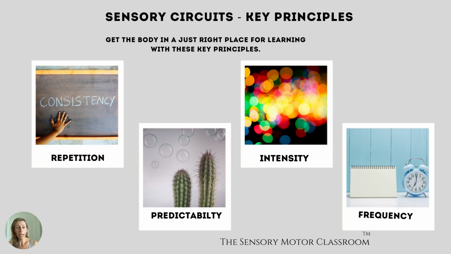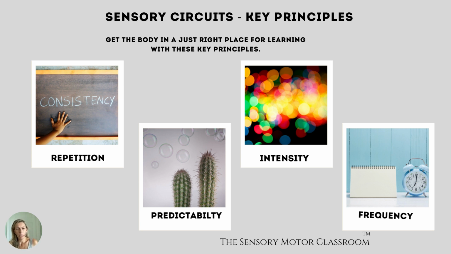Look at intensity. We need to increase the intensity if it is not quite right for the children who are using it, and decrease the intensity if it's too much. What we mean by intensity: if after the children complete it, are they bouncing off the walls? Maybe we need to look at the intensity of the activities and change them up. Maybe we need to bring it down, or maybe we need to bring it up.